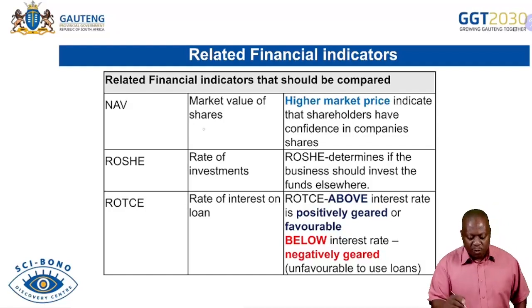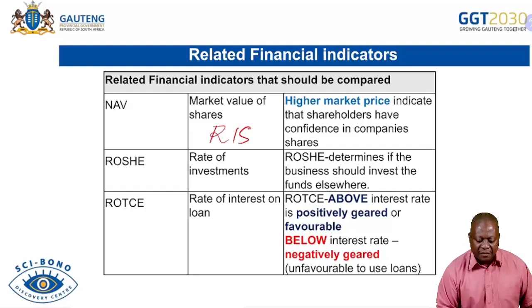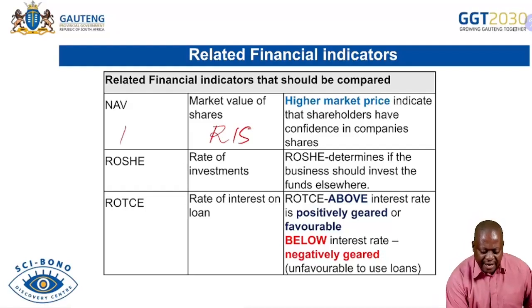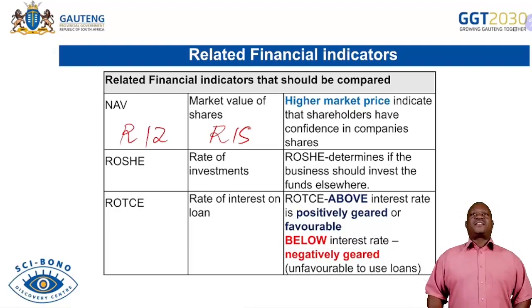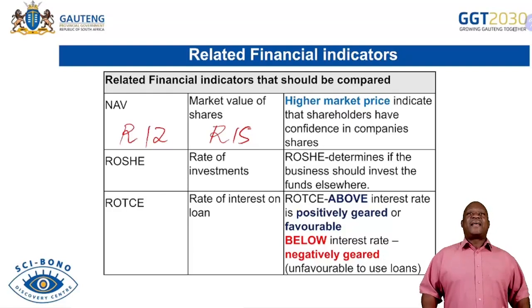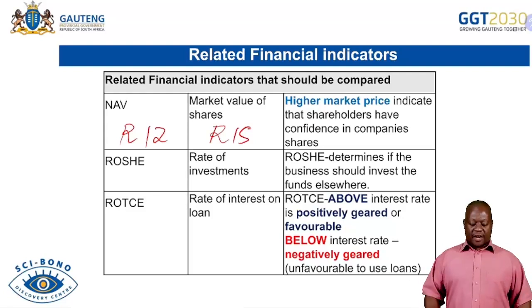So let's assume we are faced with a situation in which the market price is 15 rand and the net asset value is 12 rand. What does this mean? It means the true value of shares is 12 rand, but our shareholders are demanding more of our shares, to the extent that they are prepared to pay 15 rand per share.